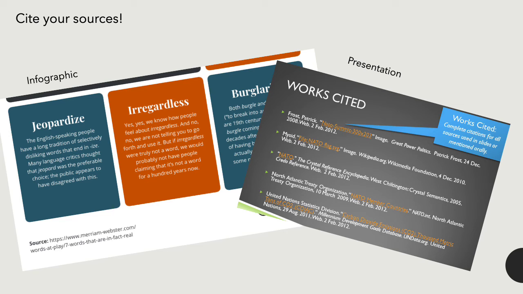There on the left, you see I just did a little screenshot at the bottom of an infographic, and there it says source, and it shows where the information came from. Now, if you have 2 or 3 sources, you're going to have to be creative with your formatting and make sure you get those all in.